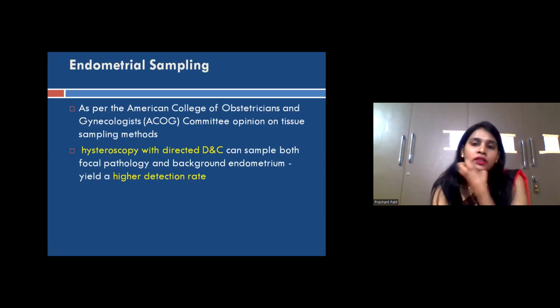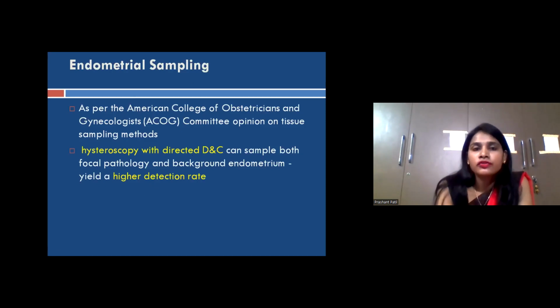But the ACOG, that is the American College of Obstetricians and Gynecologists, says hysteroscopy guided biopsy can sample both focal pathology and the background endometrium, and it can yield a higher detection rate, because we are visualizing the endometrium and seeing where exactly there is a pathology, and both that lesion as well as the background endometrium can be sampled.